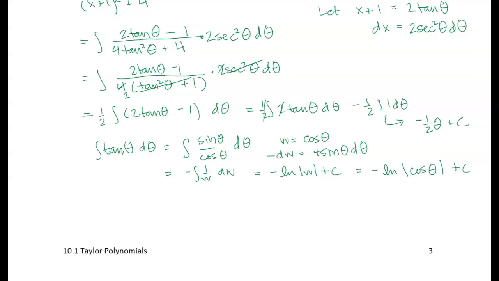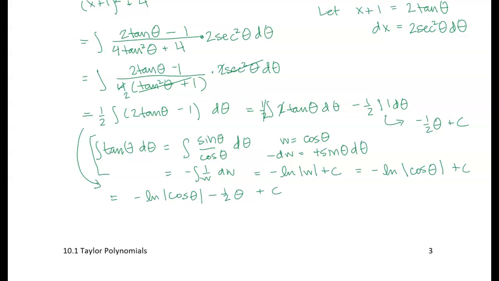If we put it all together now, I'm going to have minus natural log of cosine of theta minus 1/2 theta plus c. All right, that's what, if I go back up here, that's what that becomes. This was just all kind of a side calculation here.